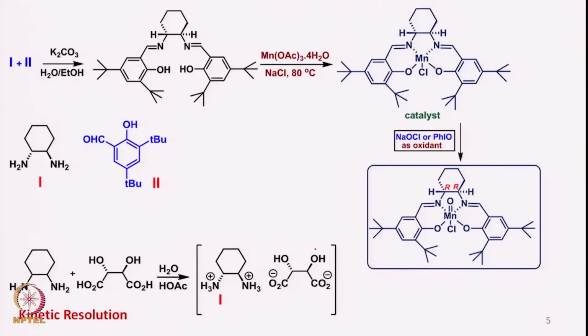Now, how do we make this kind of salen complex, and how do we incorporate the metal manganese into it? First of all, we start with this C2 symmetric diamine, and we take the salicylaldehyde derivative, and as I have written here, we mix them together in the presence of potassium carbonate and of course water and ethanol.